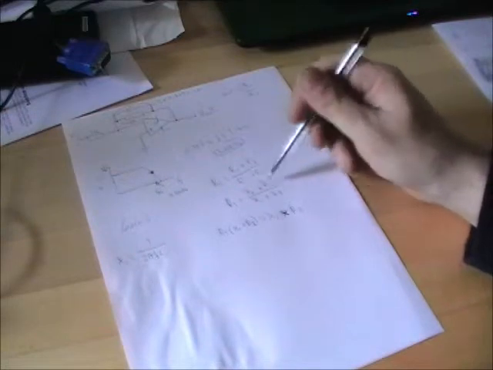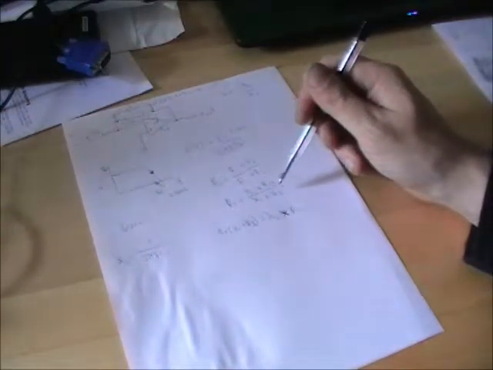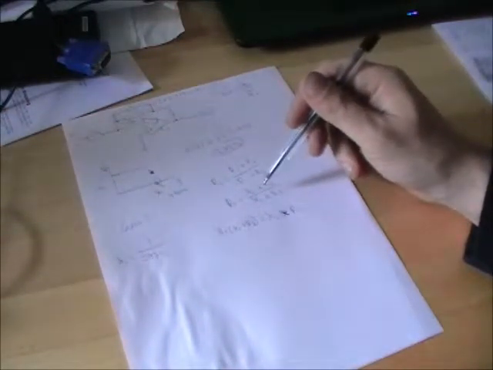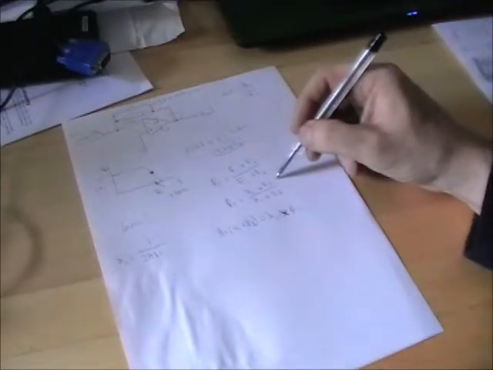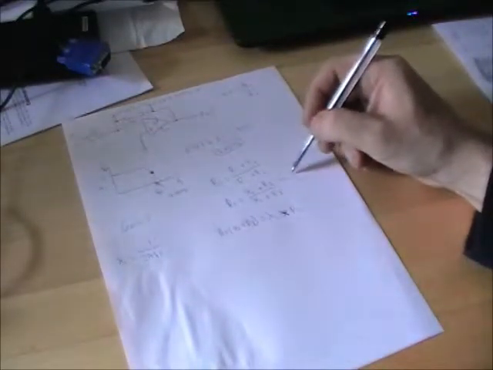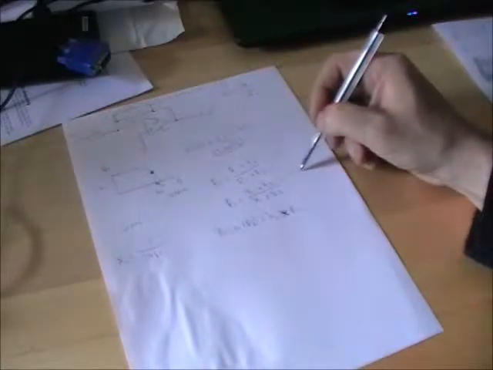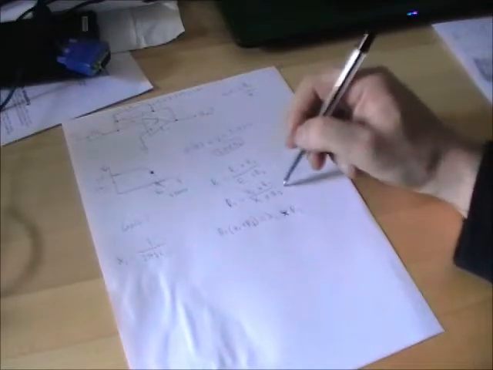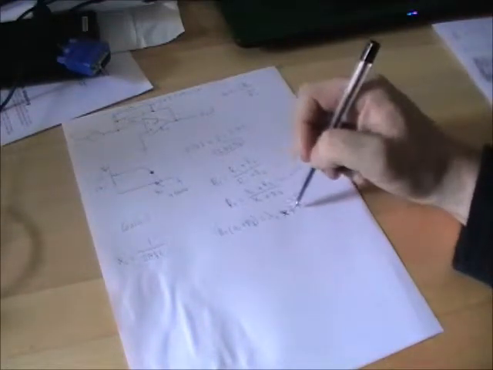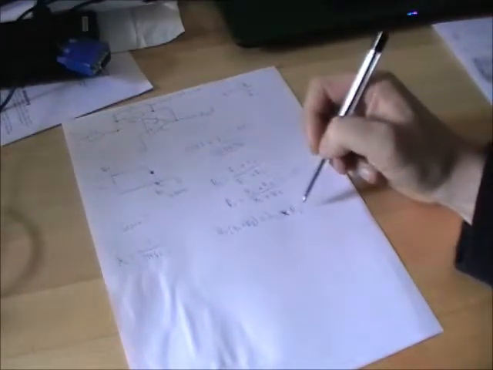So that's by just transposing the formula. What I've done is I've multiplied both sides with XC plus R2. If I multiply this side with XC plus R2, and the other side as well, in this side this would just cancel out, and all I'm left with is this expression here.